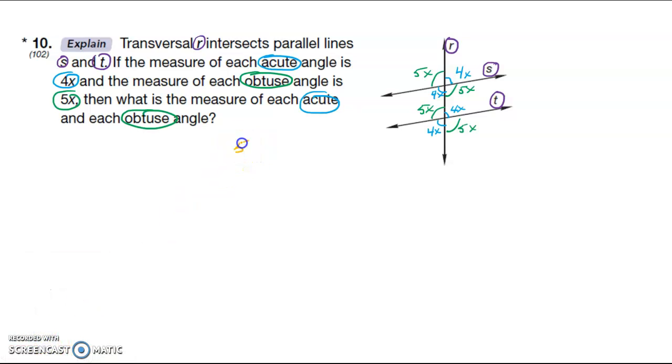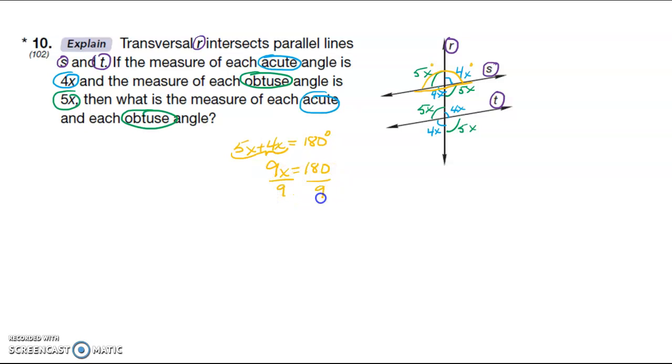So what I know, let me get to some sort of neutral color here. I know that 5x plus 4x is equal to 180, because remember these are in degrees, right? So if this is the line and I do the whole thing, that's 180 degrees. So 5 plus 4 is 9. I'm just combining like terms here.